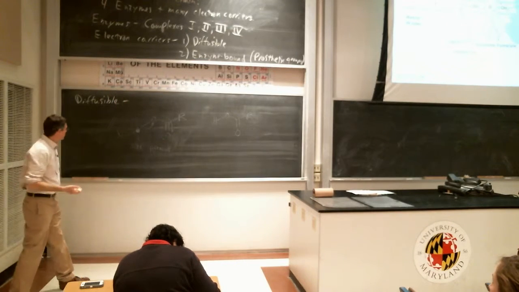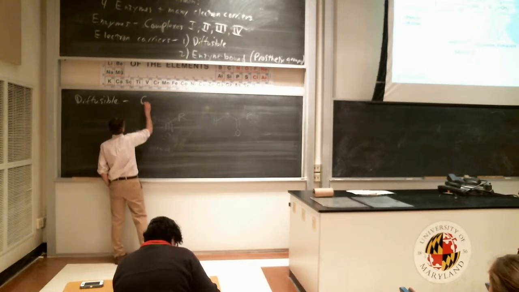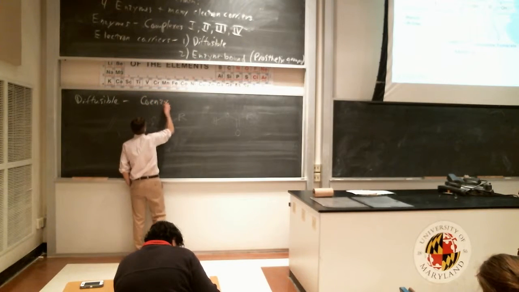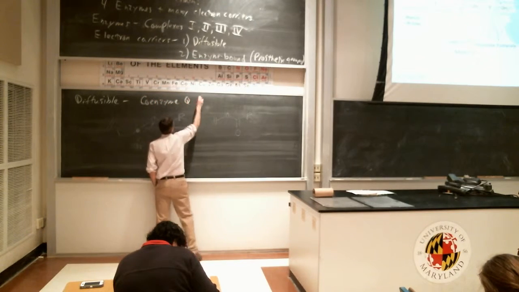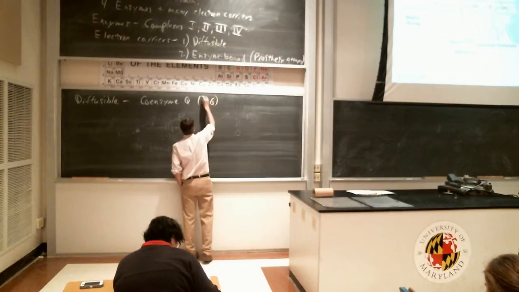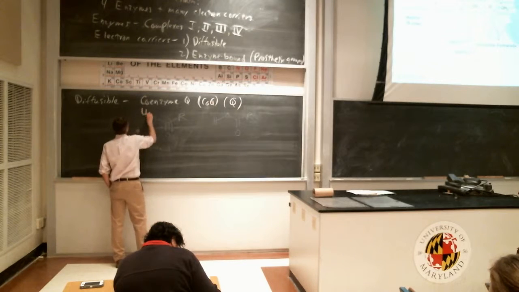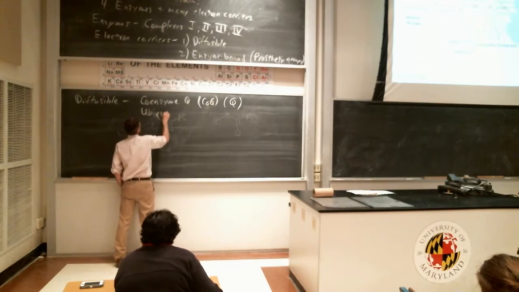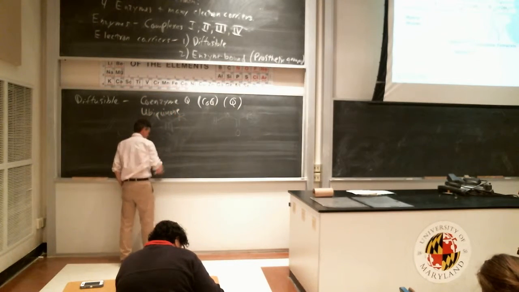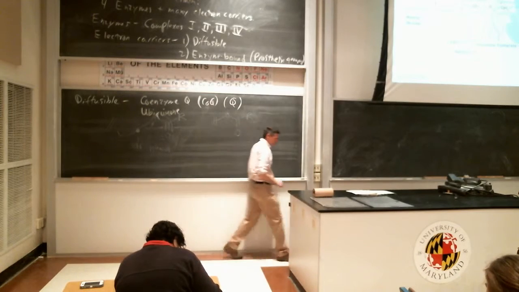The first diffusible one is a molecule called coenzyme Q, which is abbreviated as CoQ or just as Q. It's also known as ubiquinone, I guess because it's ubiquitous.